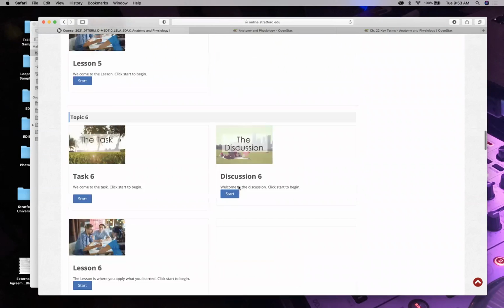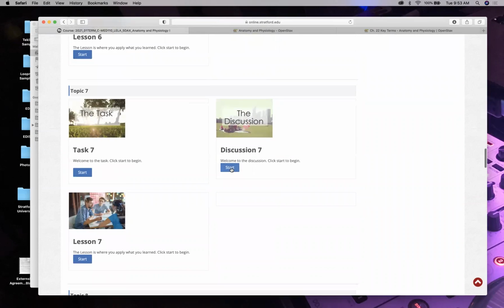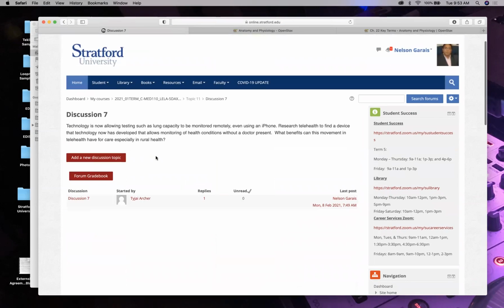Let's look at this discussion. Now, discussions talking about technology and telehealth. Okay. Now this is big. So you should be able to get an article from 2021 easy.